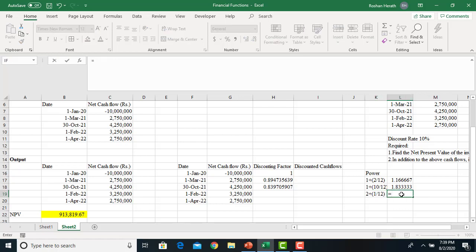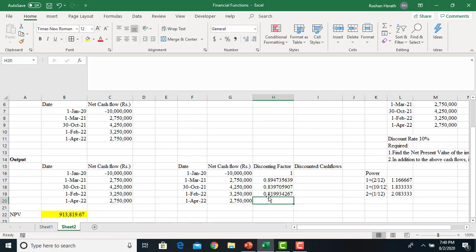So if you try to identify the power, it's going to be 1 divided by 12. So it's like this, 2.083. So equally 1 divided by 1 plus the discount rate to the power 2.083.